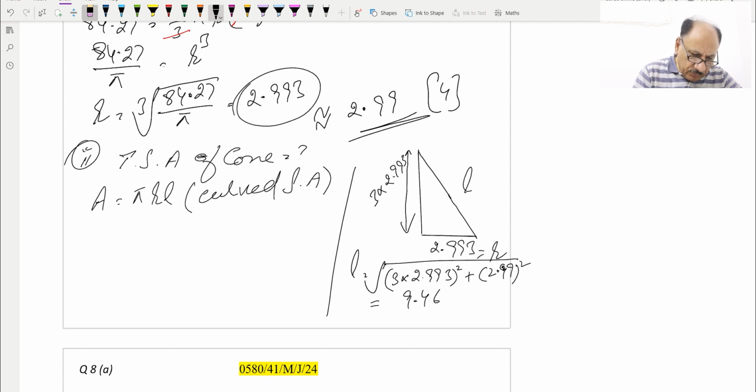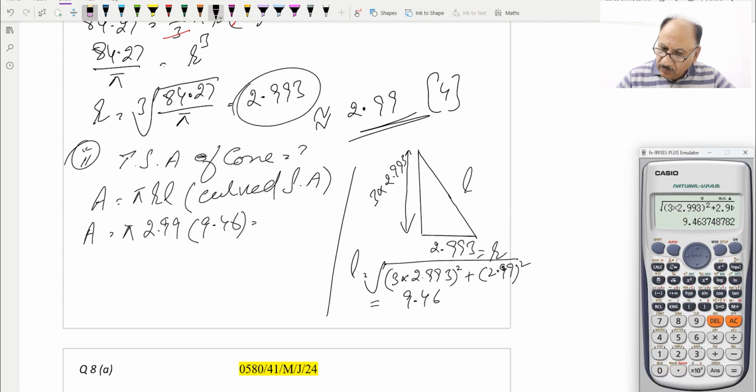Now we can replace the L value over here. So A is equal to pi into r, which is 2.99, into L, which is 9.46, and this will be equal to pi into 2.99 into 9.46, and this will give us 88.86.